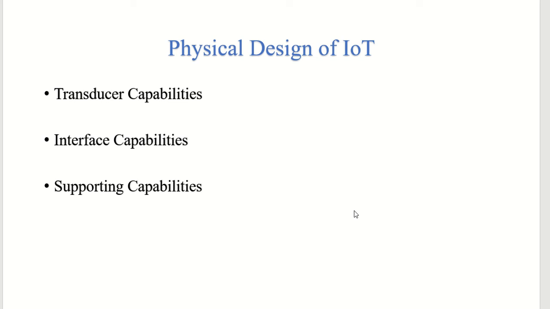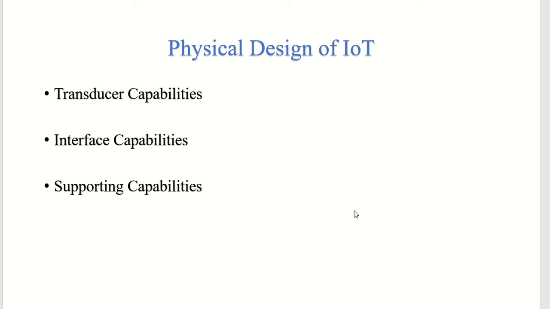You can plan the deployment, you can configure, you can control, you can patch, you can update. All this falls into supporting capabilities. Security, privacy, all this falls into supporting capabilities. And all these three capabilities work together to provide a seamless user experience to you.